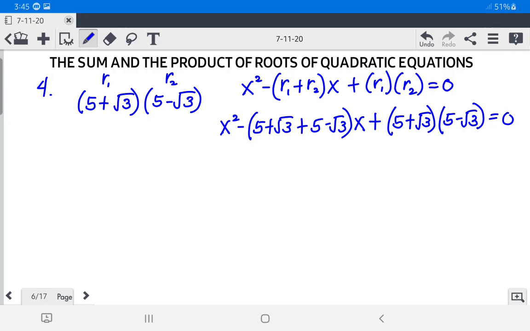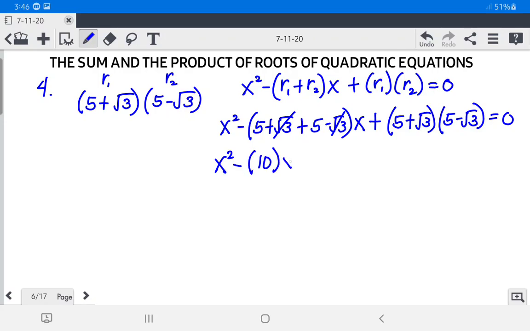Then we have x squared minus, we can now cancel positive square root of 3 and then negative square root of 3. Then 5 plus 5, we have 10. Okay? So we have positive 10 x.